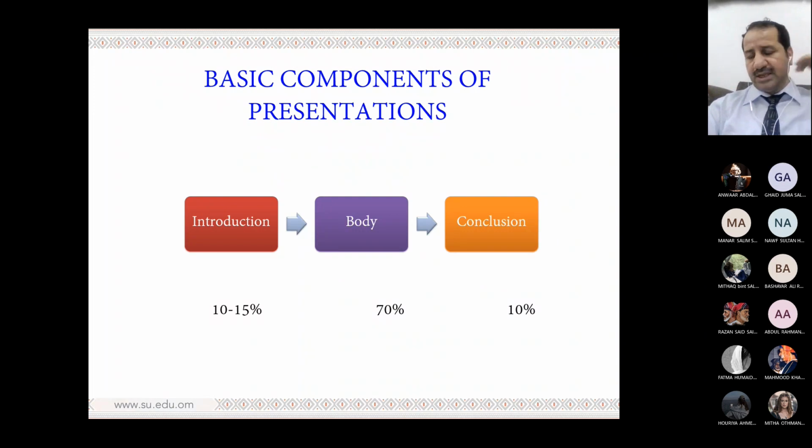Now, a presentation has components. The main components are three: introduction, body, and conclusion. Introduction is in the range of 10 to 15 percent, body is 70 percent plus or minus, and conclusion around 10 percent. So more focus will be on the body, our project.